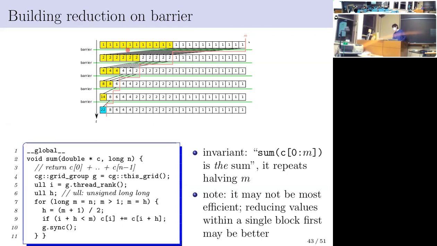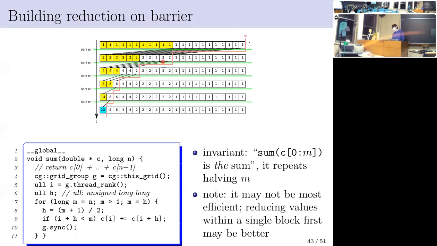So this way, all the threads in the first half of the array are taking the sum of two elements, resulting in something like this. The first half of the array becomes 2 in this case, right? And you take another barrier here. So what is the purpose of the barrier?